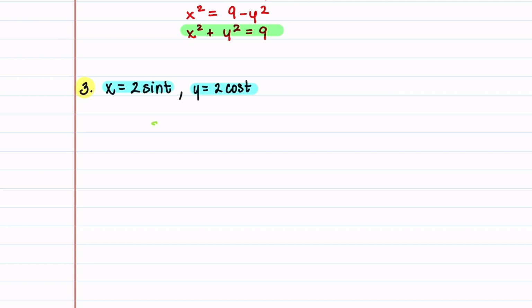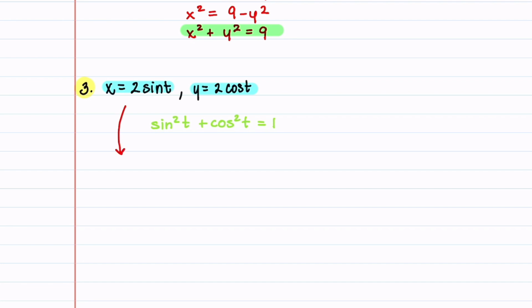You may have come up with sine squared t plus cosine squared t is equal to 1. We need to plug x and y into this equation, so we first need to solve for sine t and cosine t.